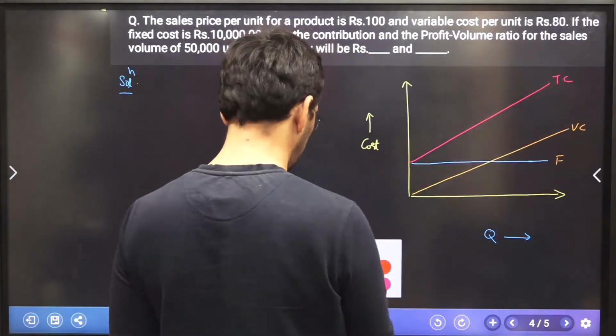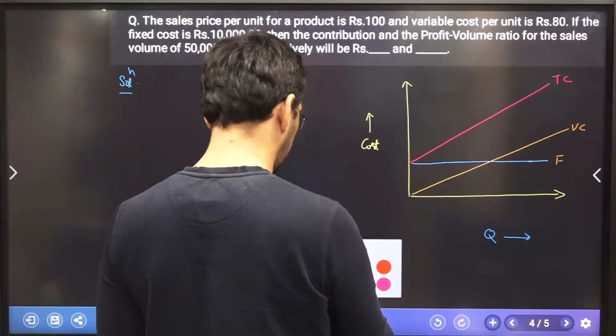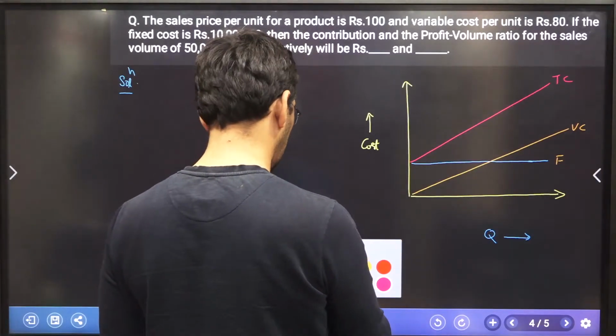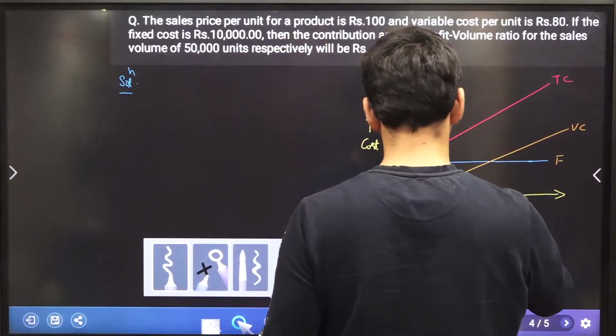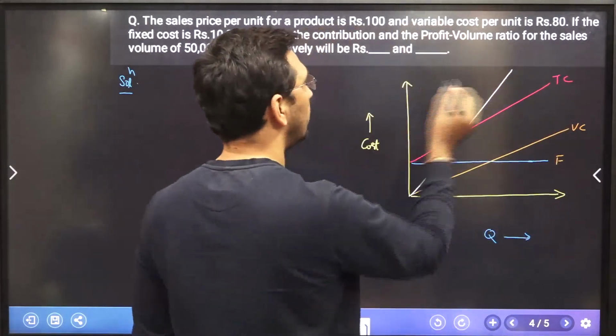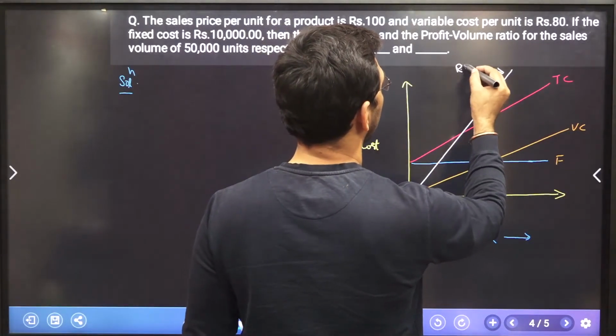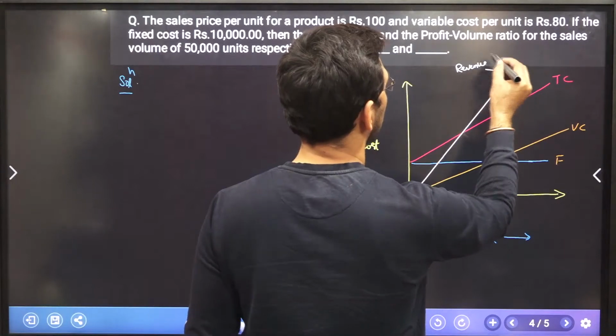At the same time you are selling this product, so you are going to have the sales price involved, something this way. This is the revenue, or total income, whatever you want to call it.